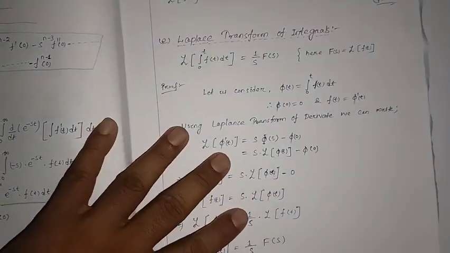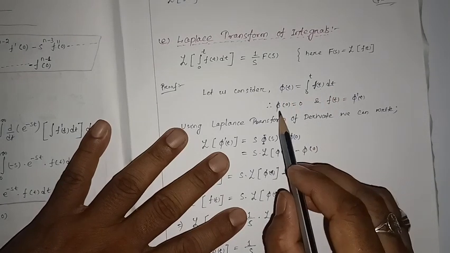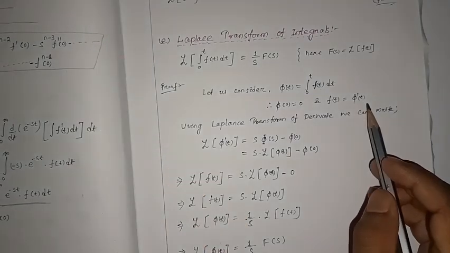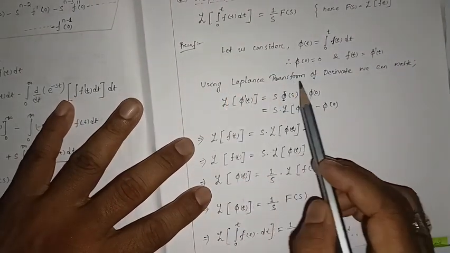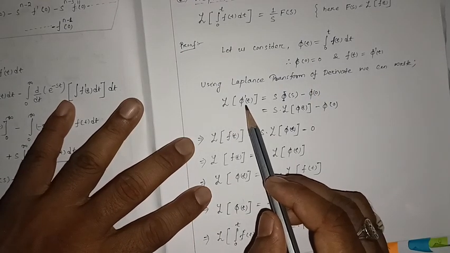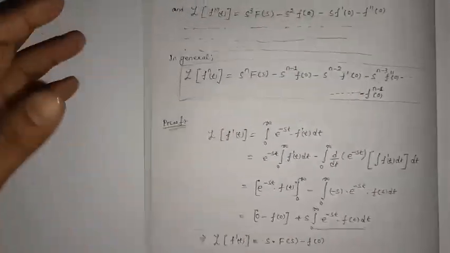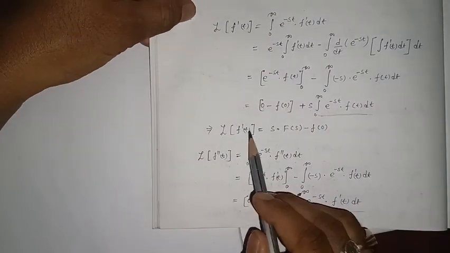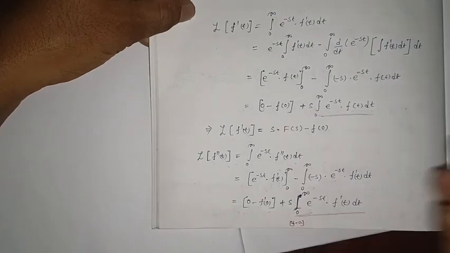So here we found that phi of 0 will be 0, and f of t is nothing but phi dash t. Now we are going to consider the Laplace transform of the derivative. We found that the Laplace transform of f dash t is capital F s minus small f of 0.